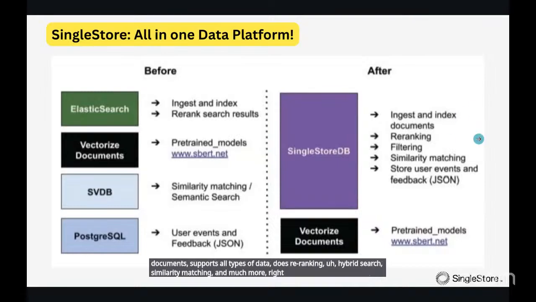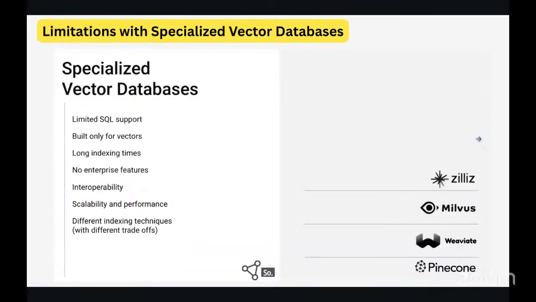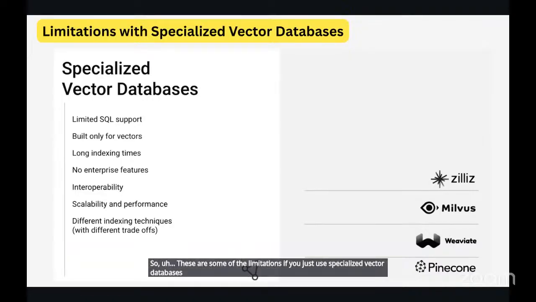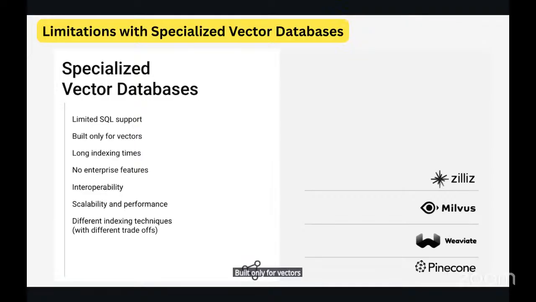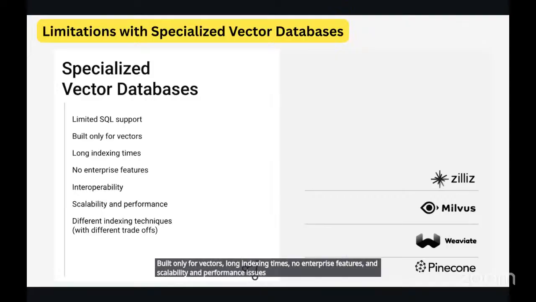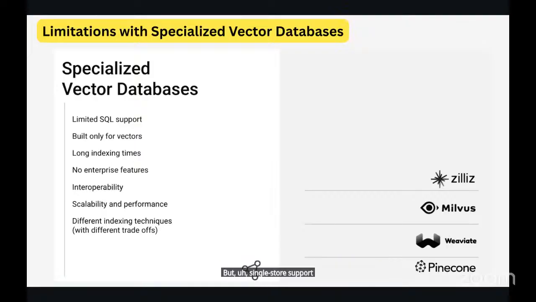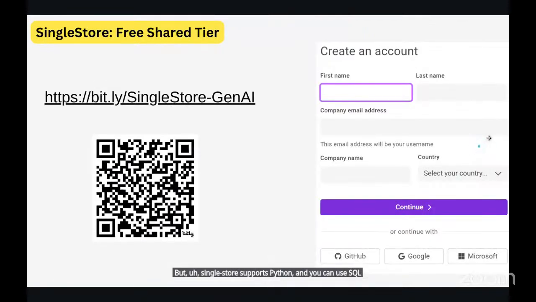These are some of the limitations if you just use specialized vector databases like Milvus, Weaviate, or Pinecone: limited SQL support, built only for vectors, long indexing times, no enterprise features, scalability and performance issues, and different indexing techniques. But SingleStore supports Python, you can use SQL, and you can do much more.